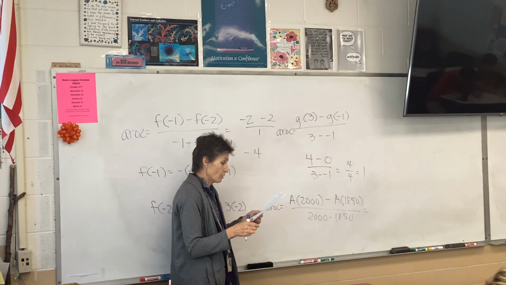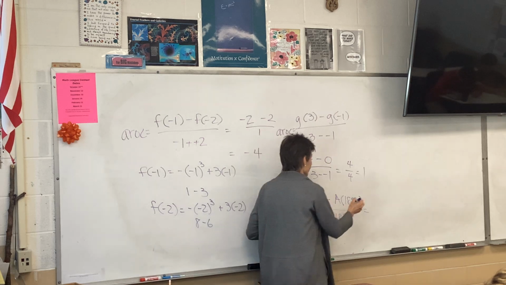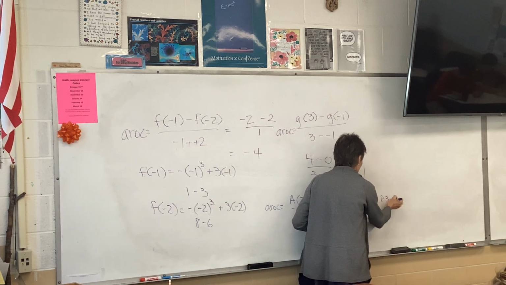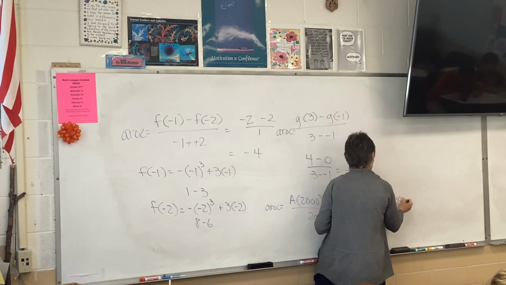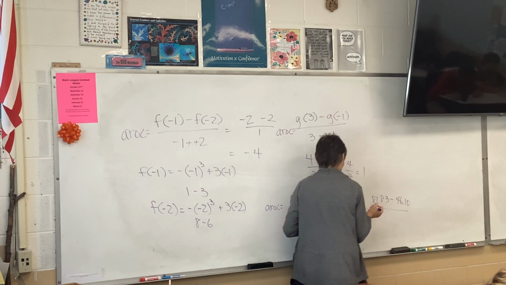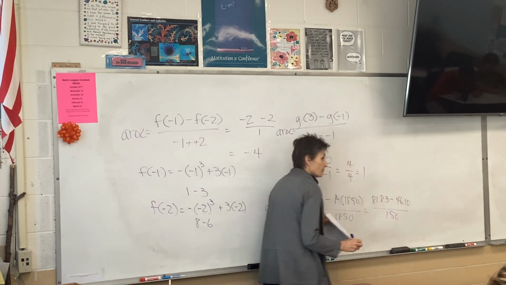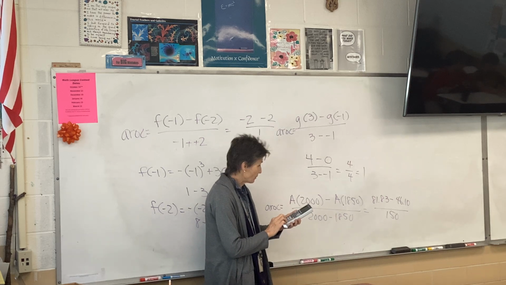Now we're using a chart. So what's A of 2,000? 81.83 minus 46.10 over 150. How does that look? Does that look okay?